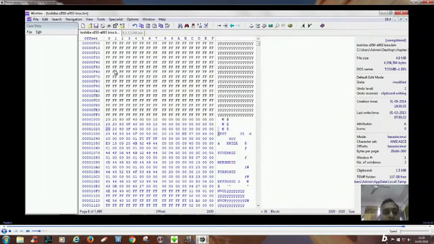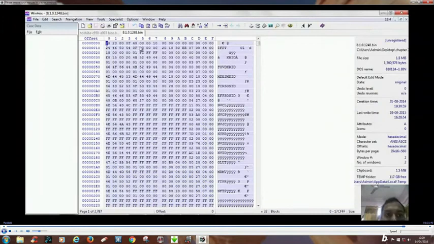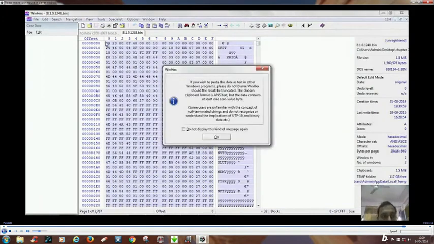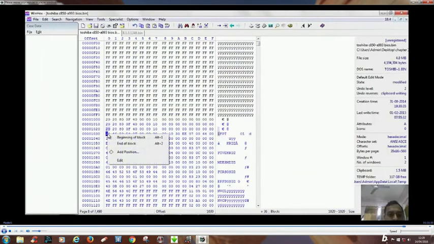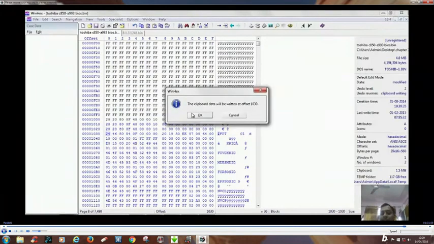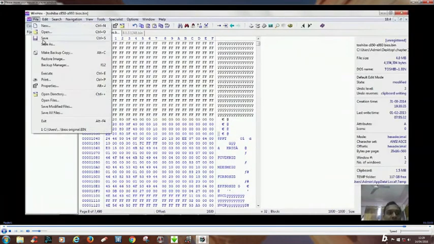Just put it over here. Open the correct AMI region again with WinHex. Control A, Control C, right click, beginning of block, Control B, and you can just save. You can just save where you have to put it, and your BIOS file would become okay.